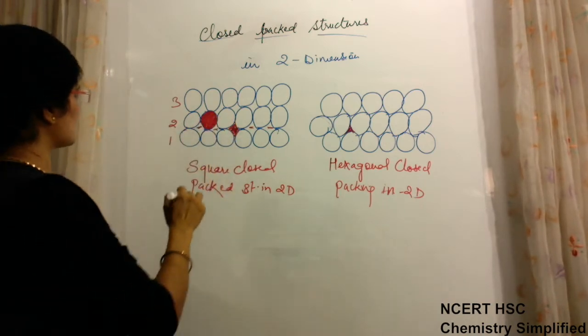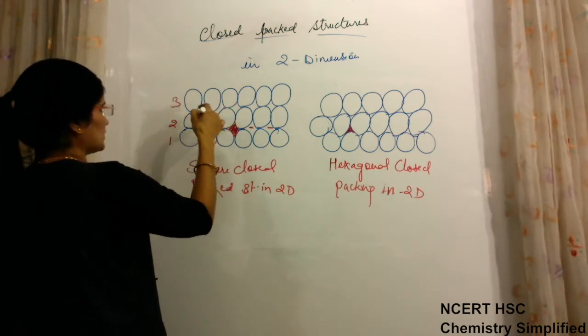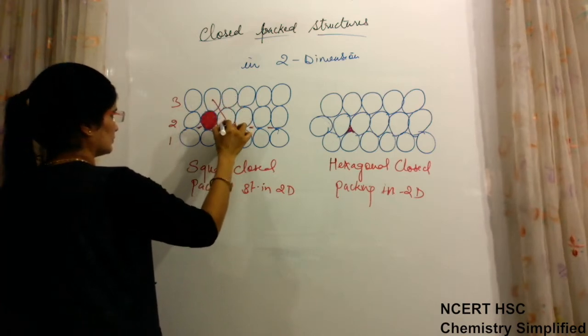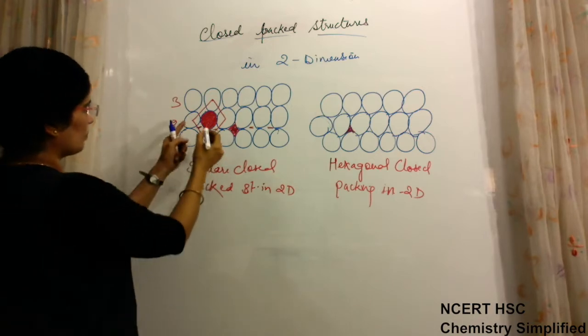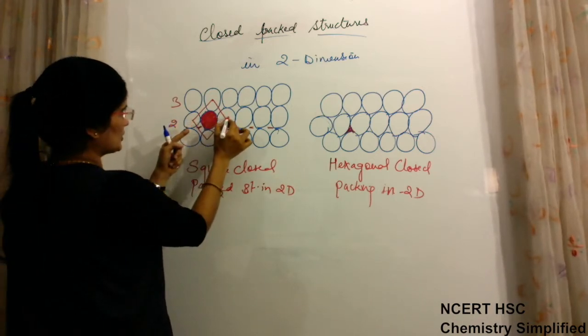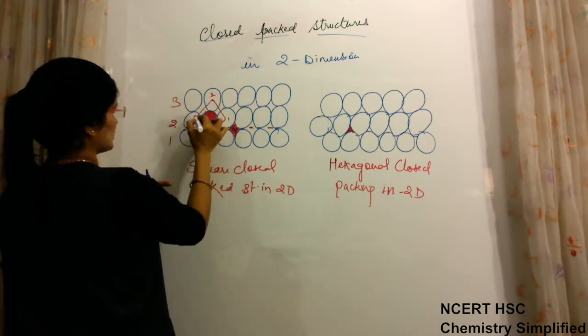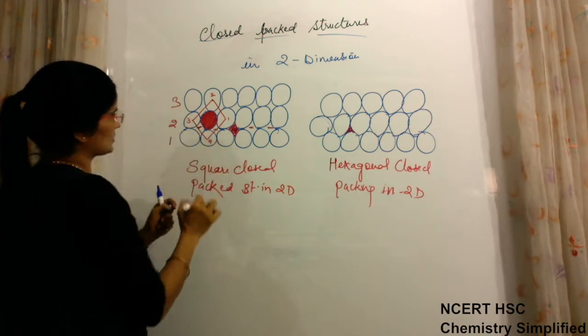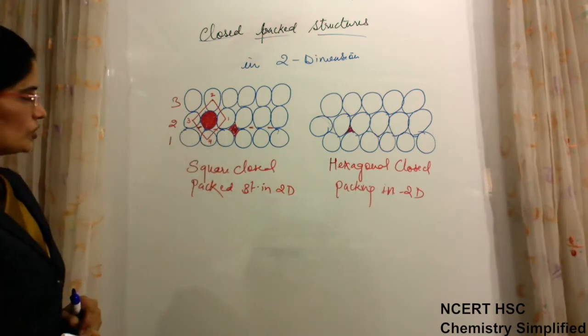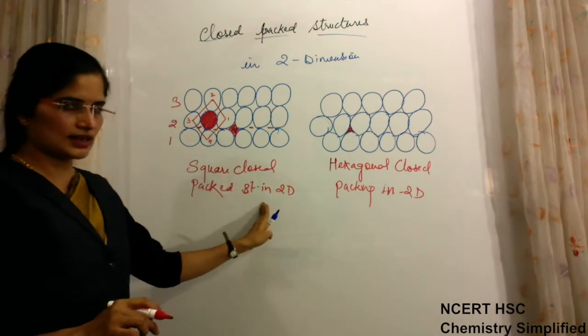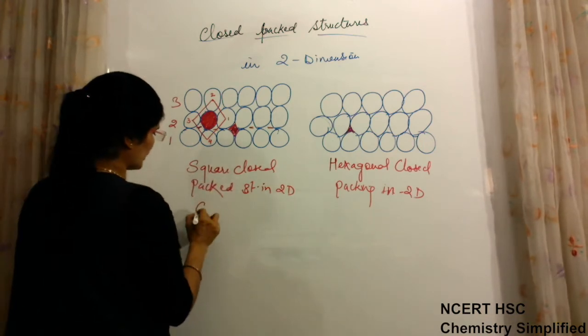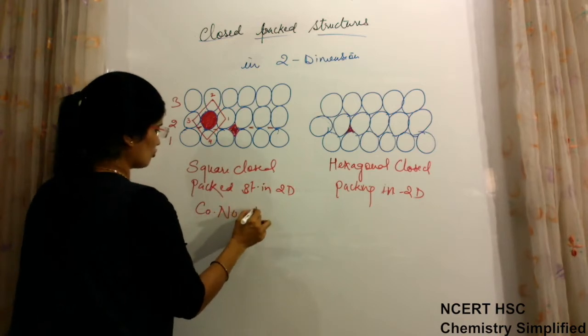Now if you see, this particle is in touch with the boundary of these particles, touching this, touching this, touching this and touching this. Okay, so that means when square close packing is done in 2 dimension, the coordination number is 4.